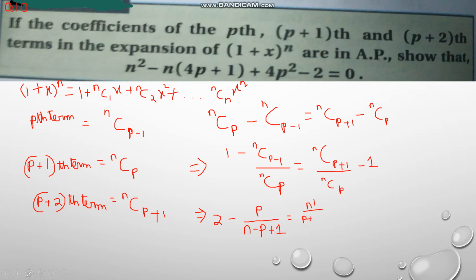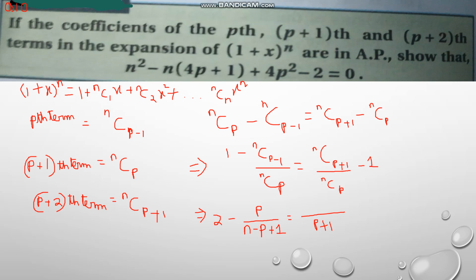We need not write it again; we can easily solve this from our analogy with the previous one. In the denominator there will be p plus 1. The (p plus 1) factorial will be in the denominator of the numerator, and p factorial will be in the denominator of the denominator.